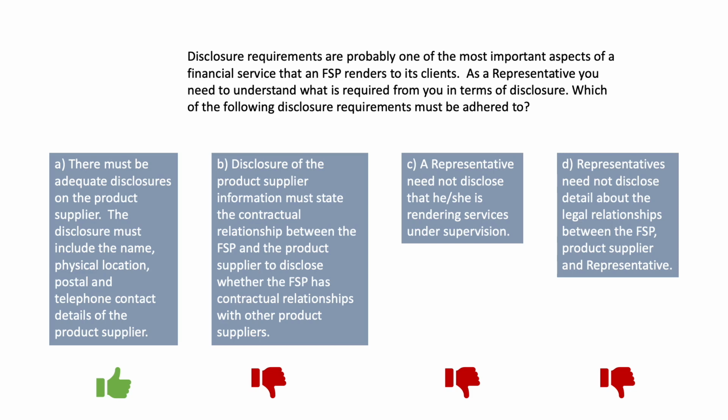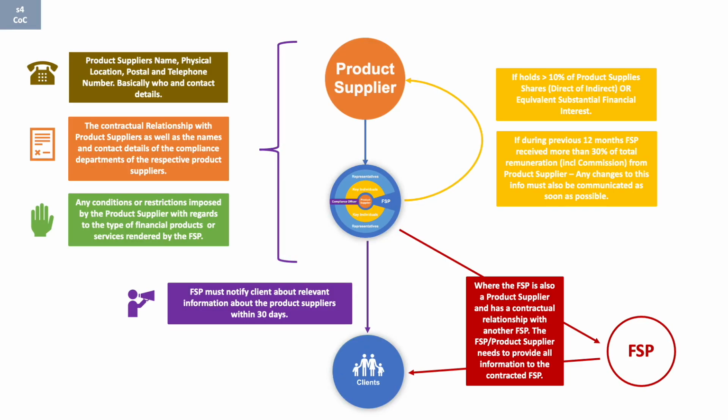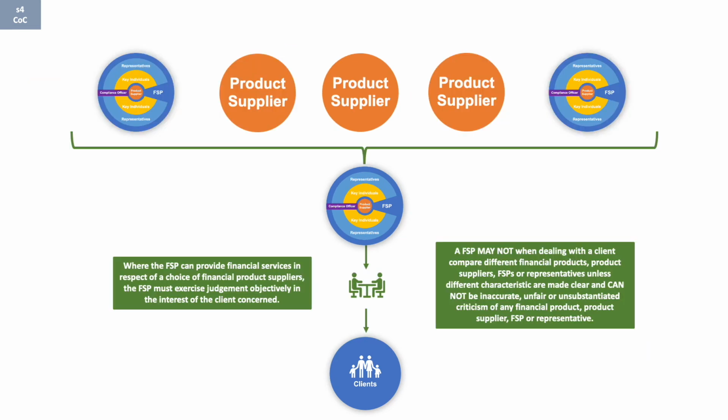It is important to use the questions that are covered as learning tools and opportunities. Take time to read through the questions and understand what they are asking, and learn from your mistakes. So let's go through a final overview of what has been covered. First, we covered the information the FSP needs to disclose to the client about the product supplier.